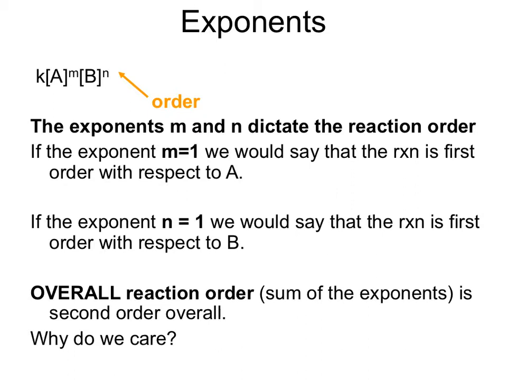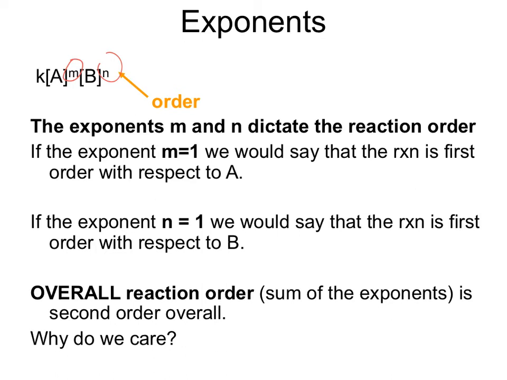Remember we talked about M and N being the order of the reaction. What you need to understand about the exponents is that they dictate the overall reaction order. Before we talk about how that affects the rate specifically, let's talk about the vocabulary.